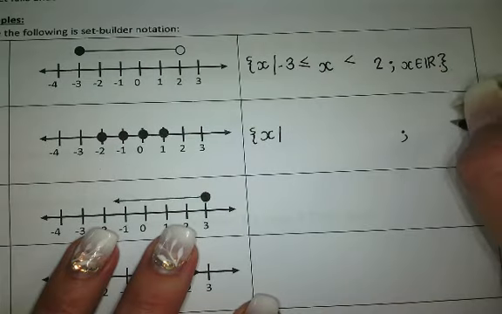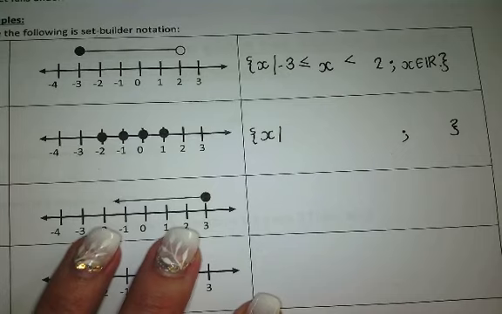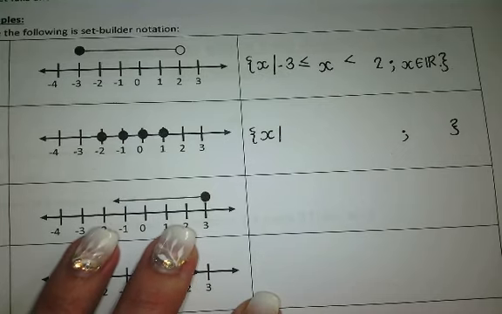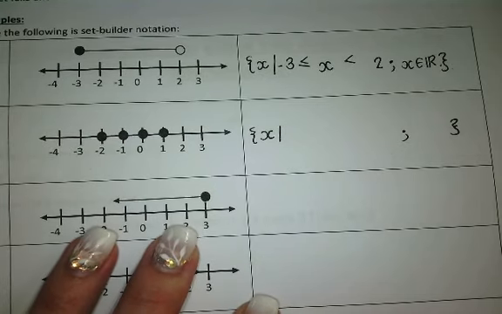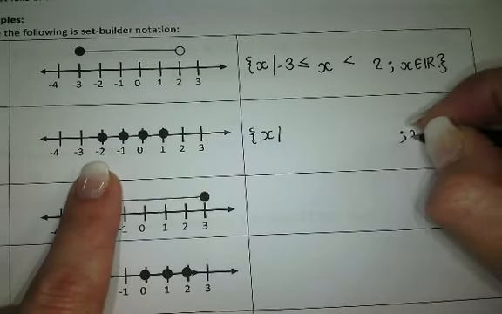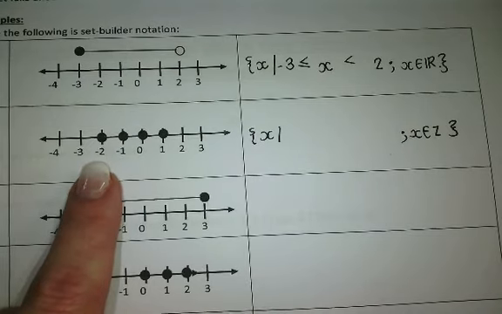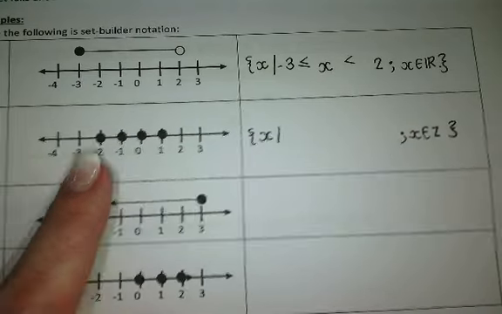Right, so we start off by stating which part of the number system it is. It's not a solid line, so it cannot be x is an element of real numbers. What part of the number system is it? Integers, because it's on the negative side. Good job, guys. So x is an element of integers. Does x lie in between?